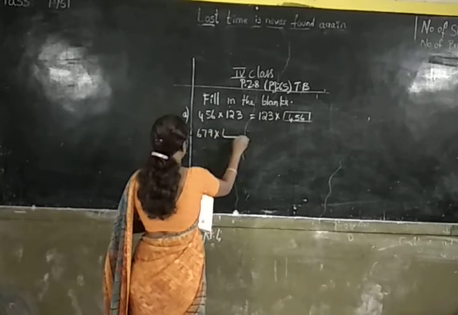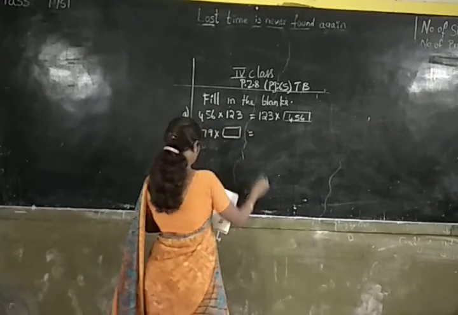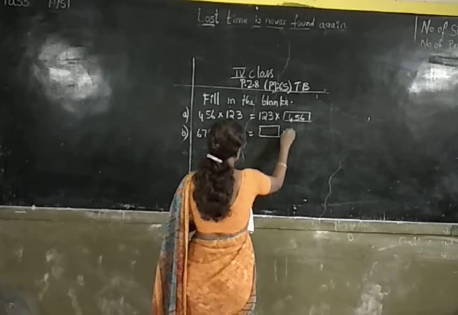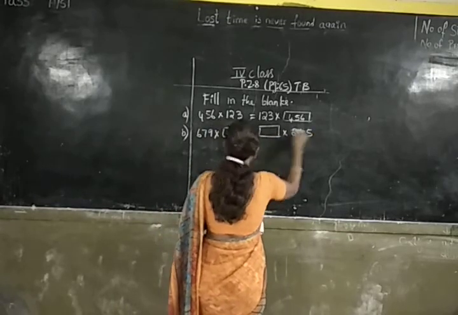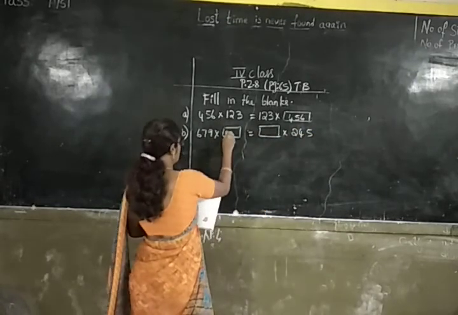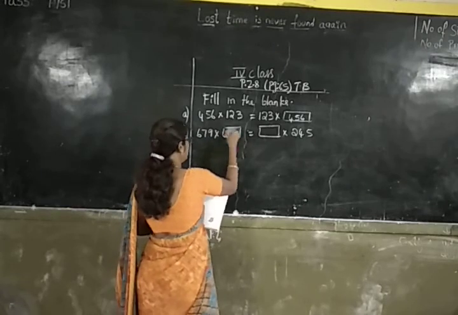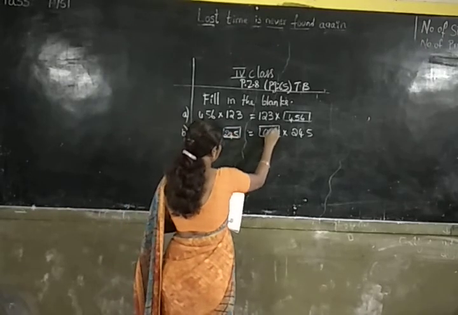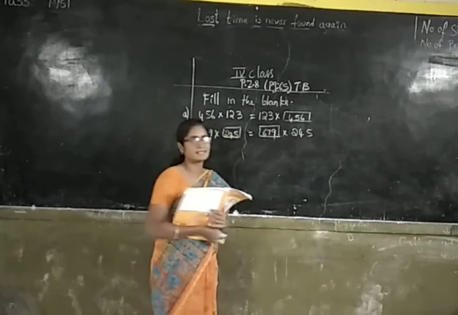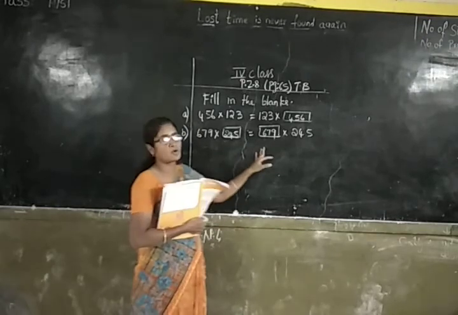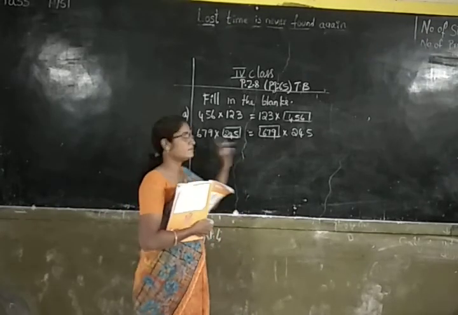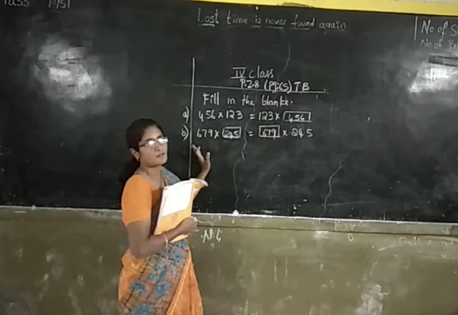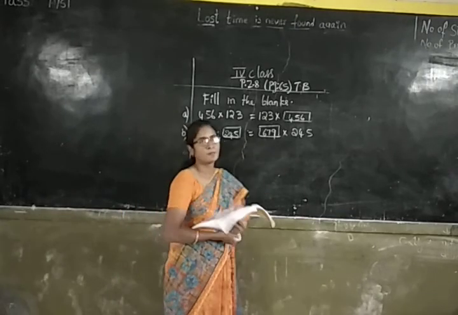Okay children, now let us do the B sum. 679 into box is equal to box into 245. Here 245 is missing, so here we have to write 245. Here 679 is missing, so we have to write 679. We have written this according to the commutative property, which says that order of numbers does not change the product.